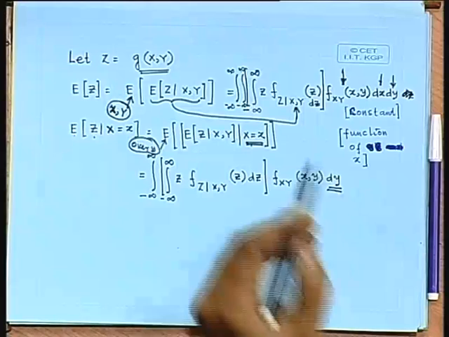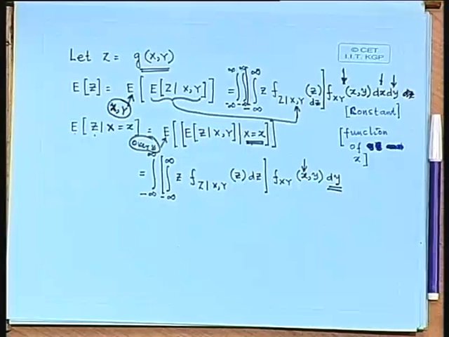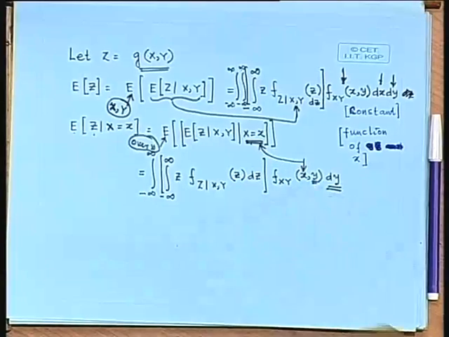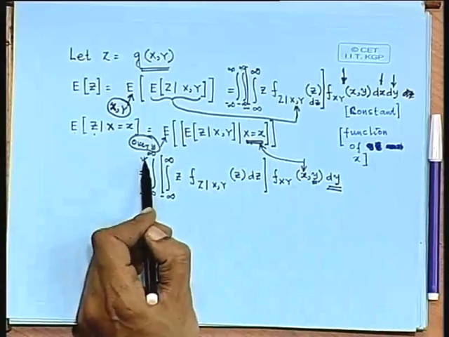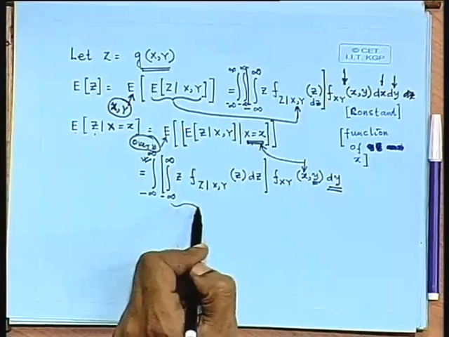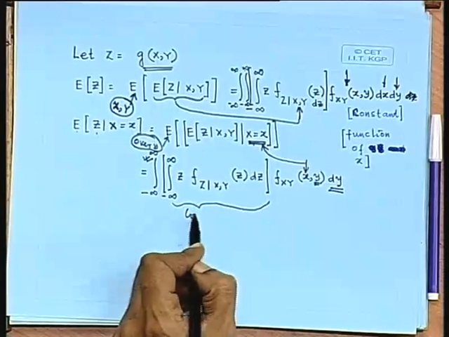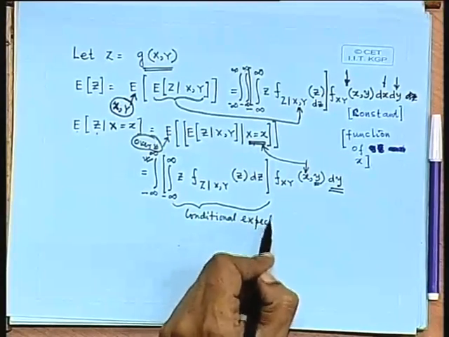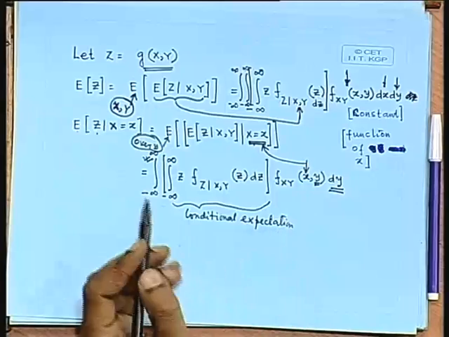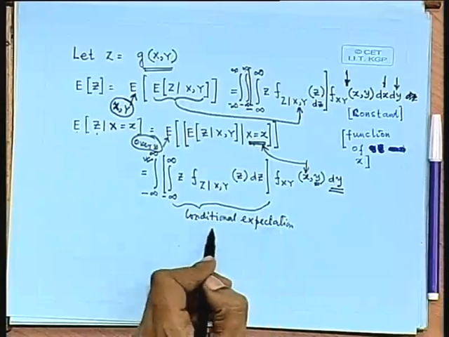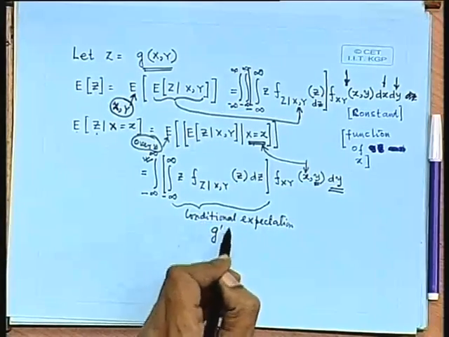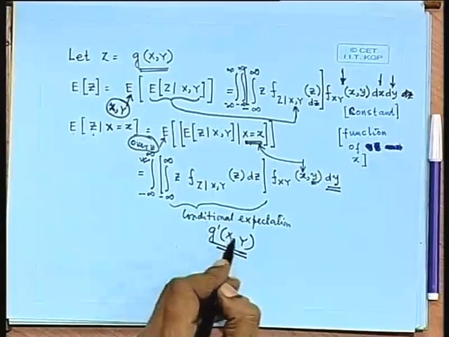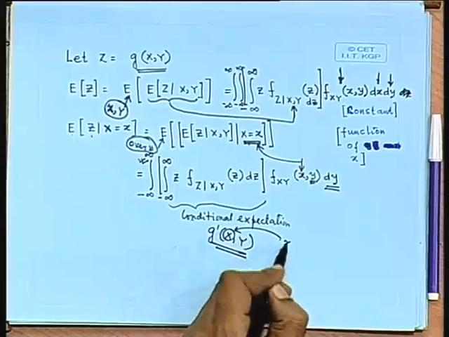Remember that this x is taking a value. So this freezes x, while y is a free variable of integration, and this is the conditional expectation. This is some function g dashed of x and y. So we will get it as a function of x and y, but for x we have to put the value small x.